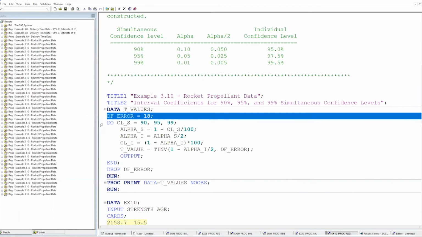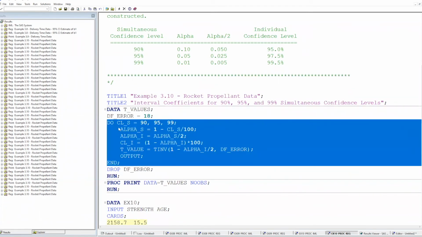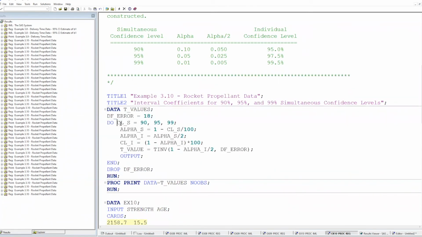And then I've got a little do loop here. For my simultaneous confidence levels, which I'm denoting by CL_S, of 90%, 95%, and 99%, I'm going to do these steps.